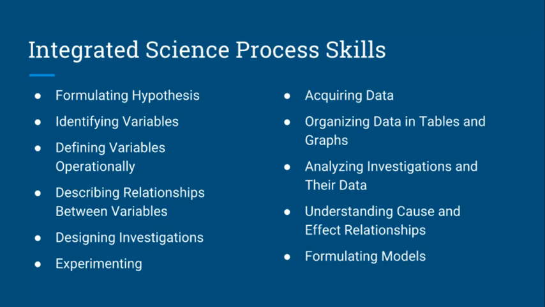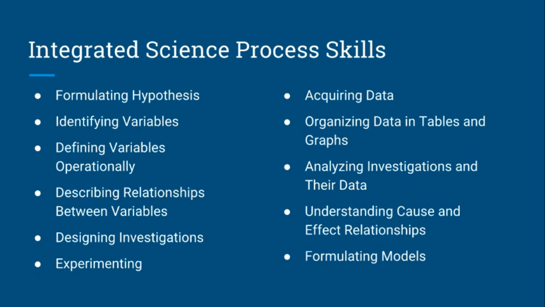You have to create the definitions for what it is that you're observing, and you have to describe the relationships between the variables, one variable versus another variable. How do they compare? How are they different? What are the relationships between one and the other or others?